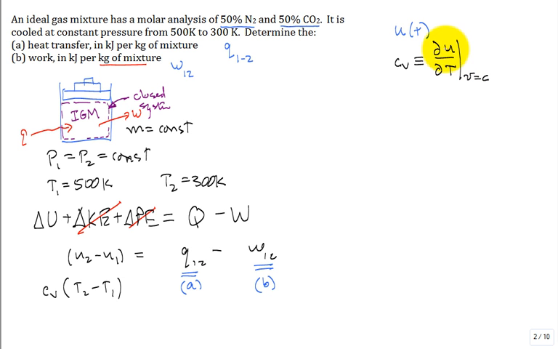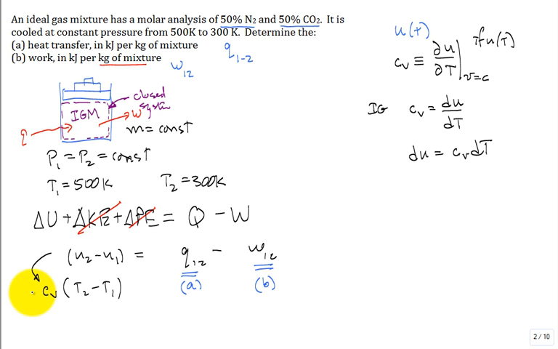Okay, so now if U is a function of T only, that partial derivative turns into an ordinary derivative. True? Mathematically? So C sub V for an ideal gas is equal to just the ordinary derivative. If I want to get a change in U, it's just C sub V times change in T for an ideal gas mixture. And that's what we just wrote right here. I need the change in U, C sub V times change in T.